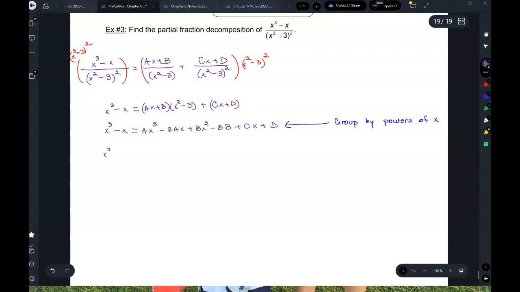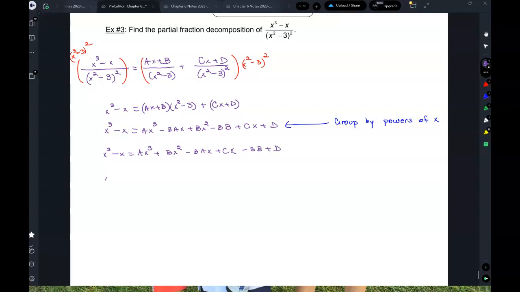So x cubed minus x equals ax cubed plus bx squared minus 3ax plus cx, right? Those are the two x terms that I put together, minus 3b plus d.